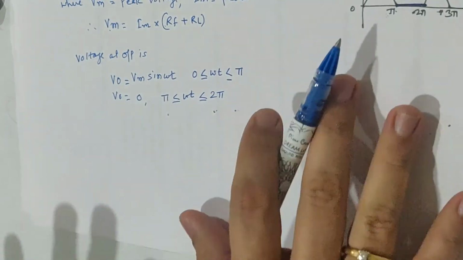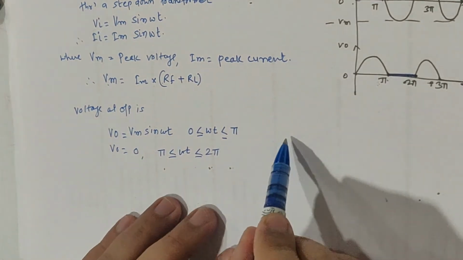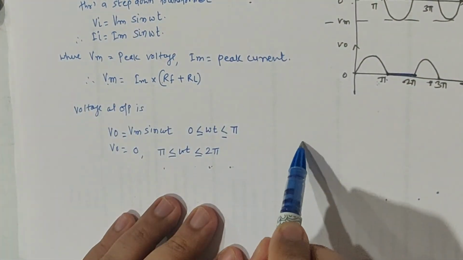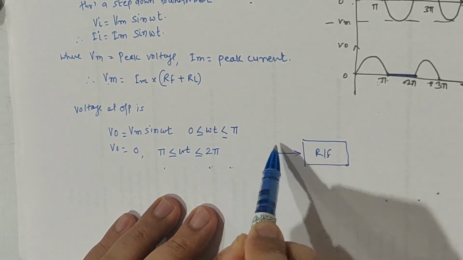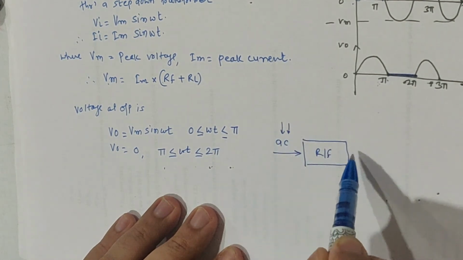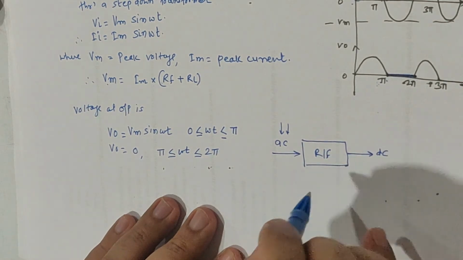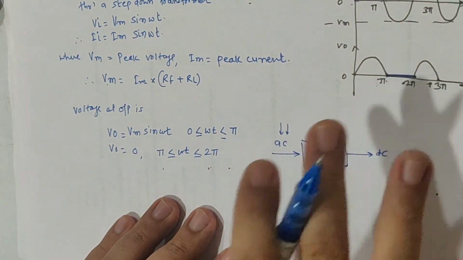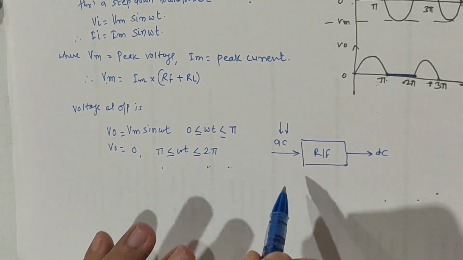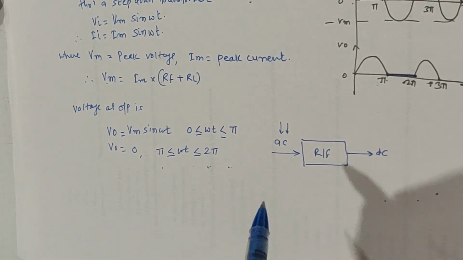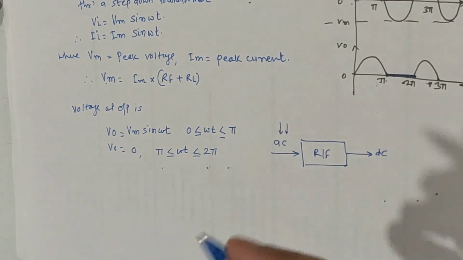Now I need to analyze the circuit. What is the meaning of analysis? See this, we have used a half wave rectifier for one purpose, which was to convert this AC power supply to a DC power supply. Analysis means how efficiently this device has worked. Like if you pour 1 liter of petrol in your bike, then you calculate how many kilometers you can drive, of course.